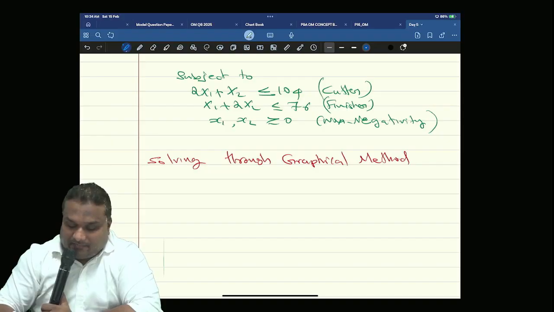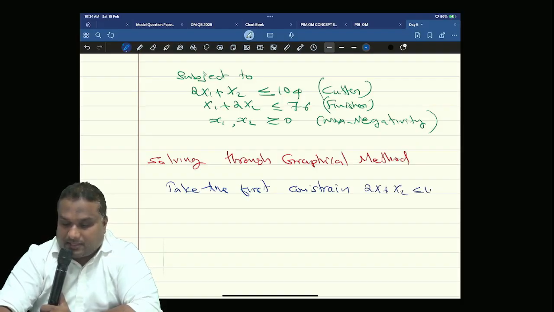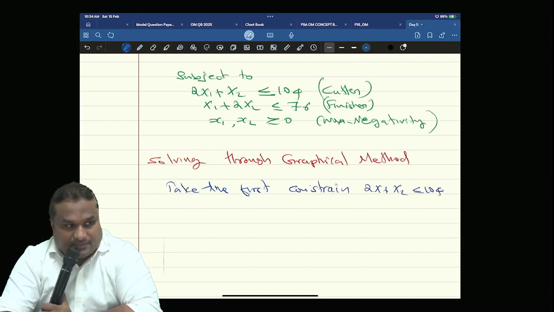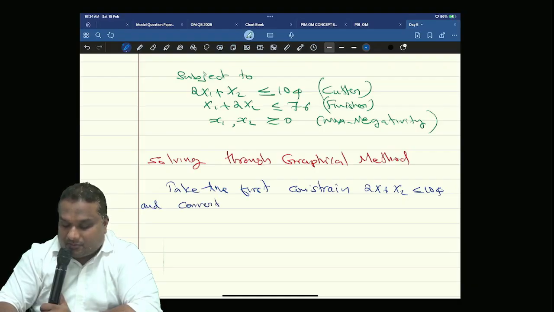Write on. Take the first constraint. Constraint, or the other word is restriction: 2x1 plus x2 less than or equal to 104, and convert it into equality.